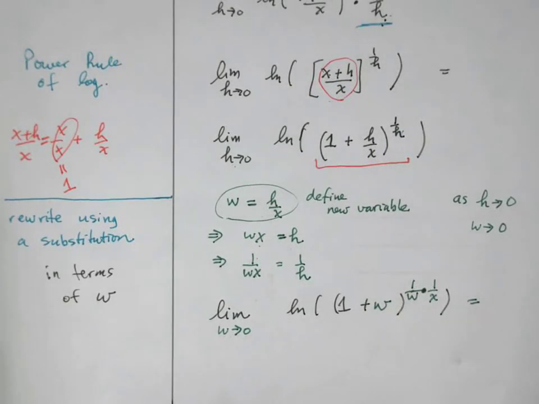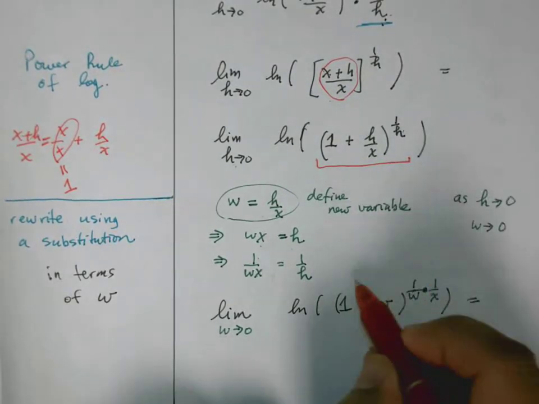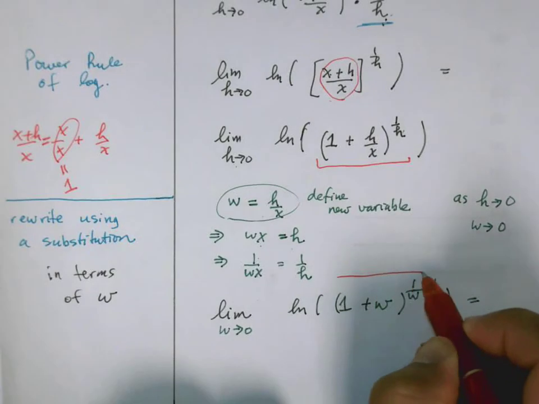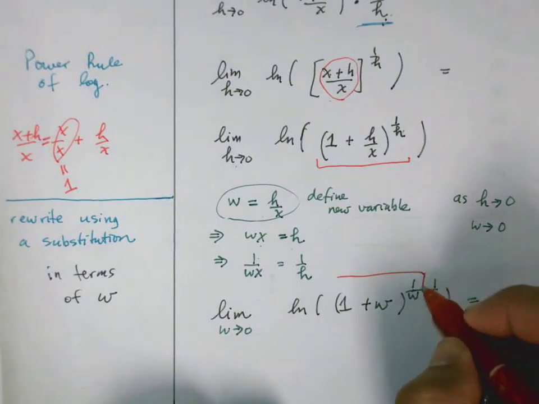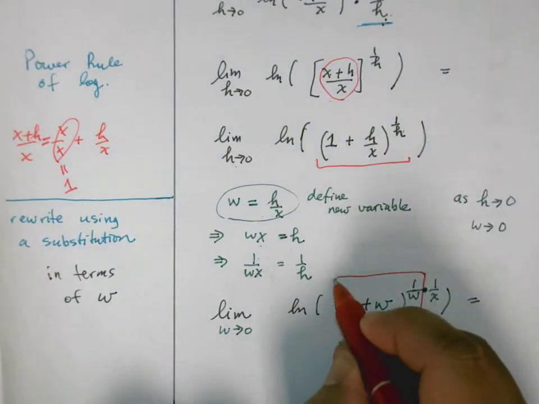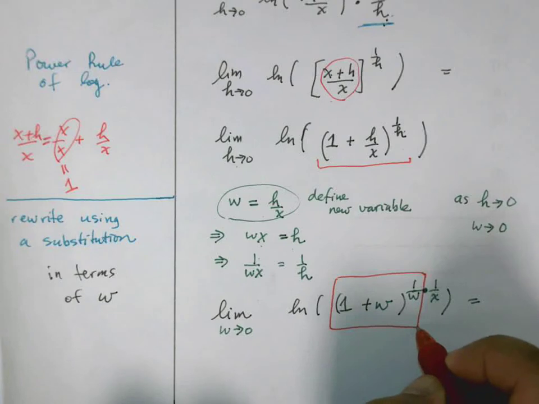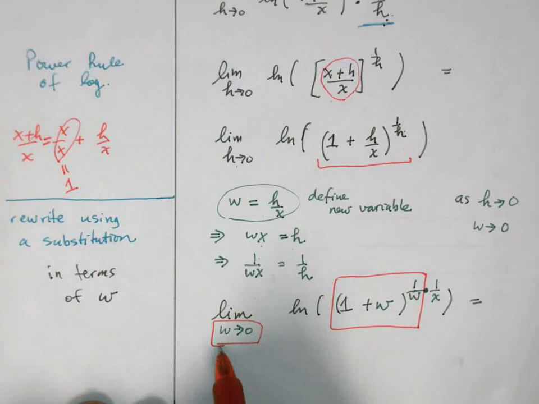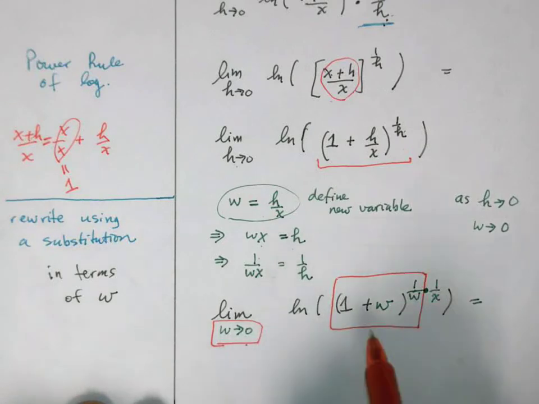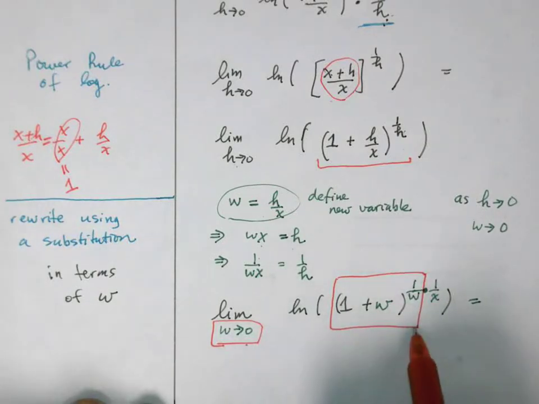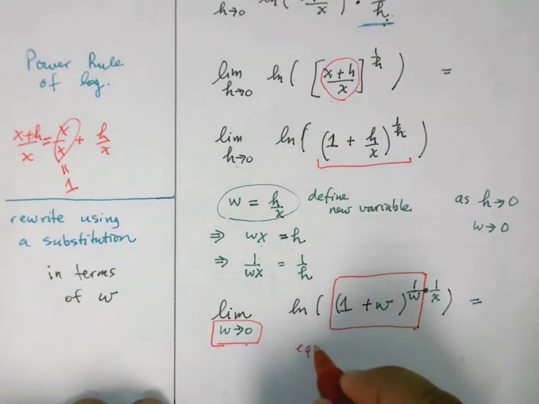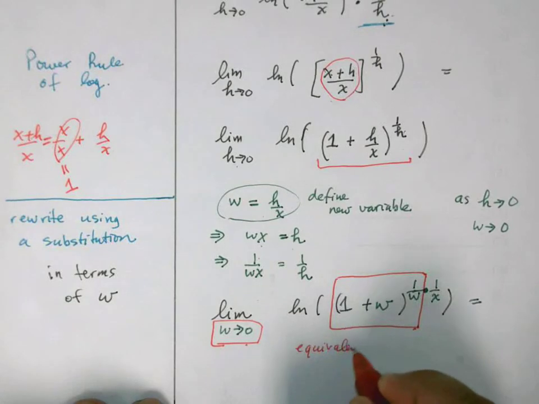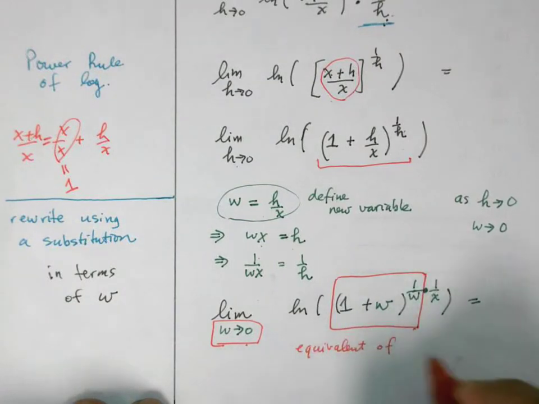So if we take a look at just this part right here, and this limit right here, the limit as w approaches 0 of this expression, that's equal to e. That's the equivalent of e.